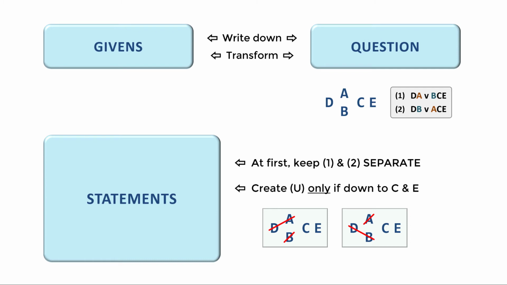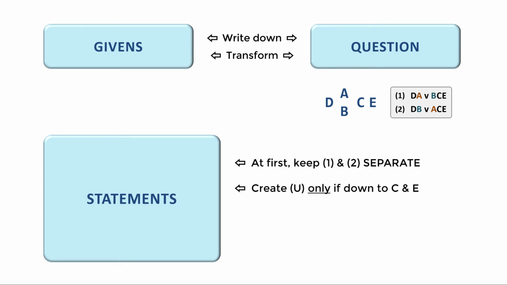Remember, at first we assess 1 and 2 separately. If neither of them is sufficient, we eliminate all choices other than C and E. Only then do we create U, the united statement. U is a last resort, a tiebreaker for choosing between C and E.